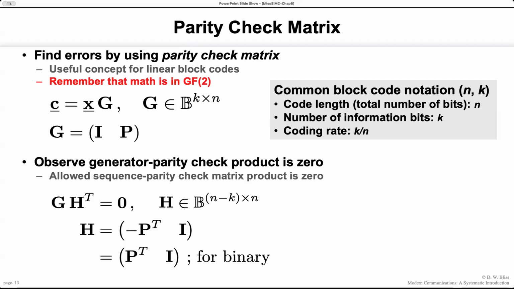And if it's not a valid code word, we'll get some vector which is non-zero. That vector we call the syndrome. So it's easy to actually figure out what this matrix must be. By tradition, we actually take the transpose of what we call the parity check matrix. So valid code word times the parity matrix transpose is going to be the all 0 vector.